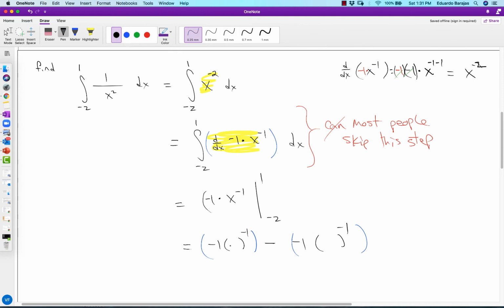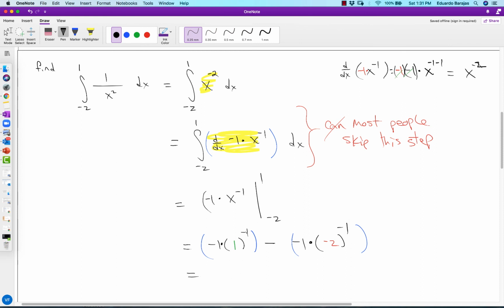The order makes a big difference, so be very careful. First we evaluate this whole thing at 1, so put a 1 there, and then evaluate this whole thing at negative 2, so put a negative 2 there. Then let's try and simplify this.